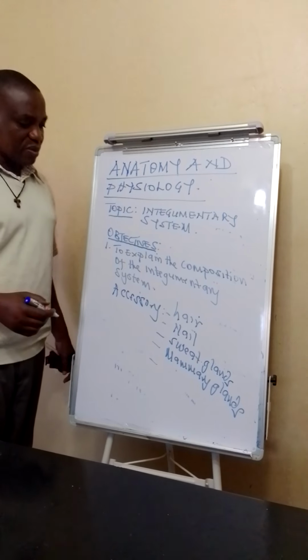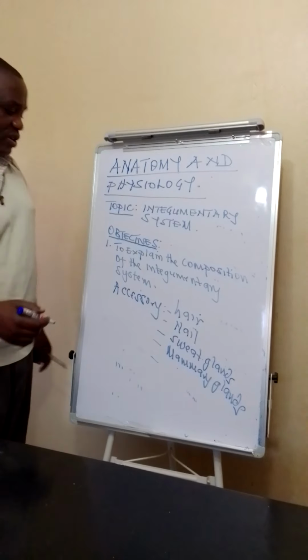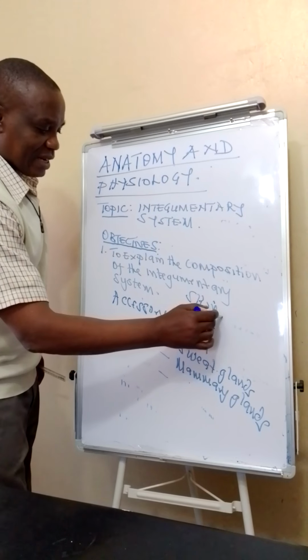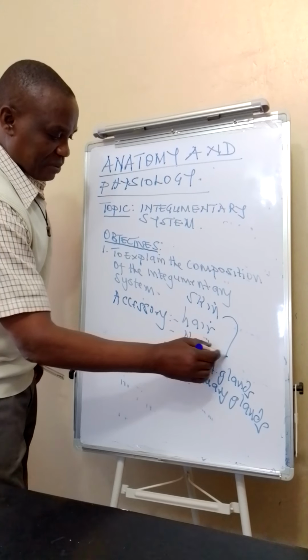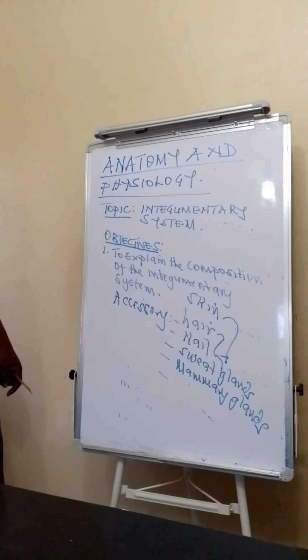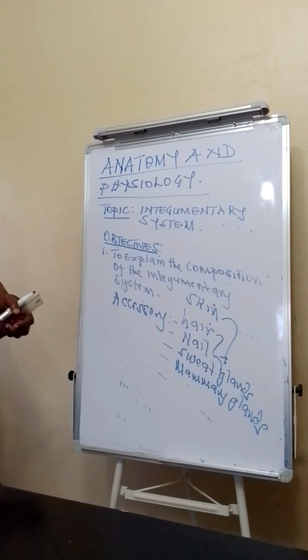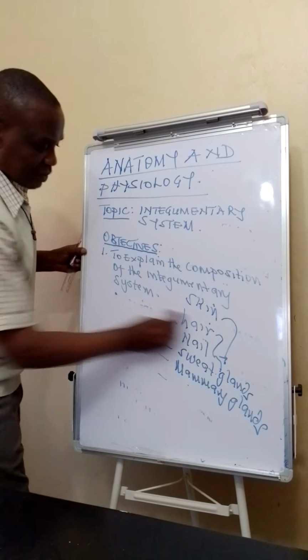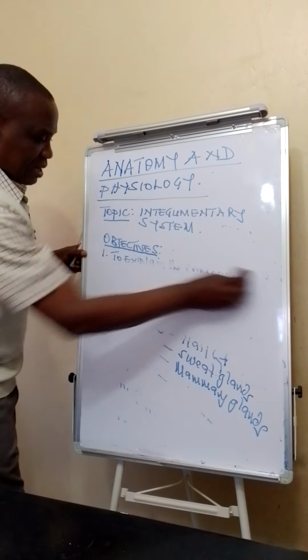So that is the composition of the integumentary system. It consists of the skin, as I mentioned earlier, and these accessory organs. Now let us look at the structure of the skin.